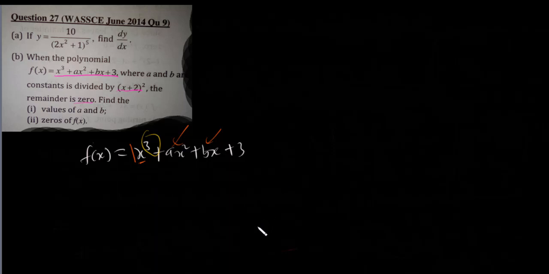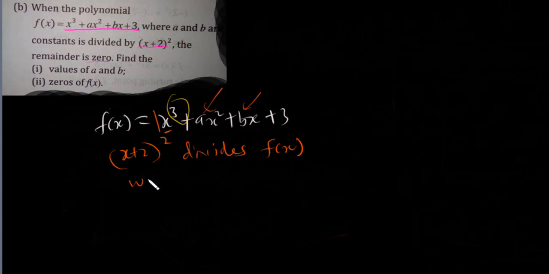Alright, so from here, I'm going to look at the information that I was given. Again, we were told that (x + 2)^2 divides f(x) without a remainder, or let me say with a remainder of 0.